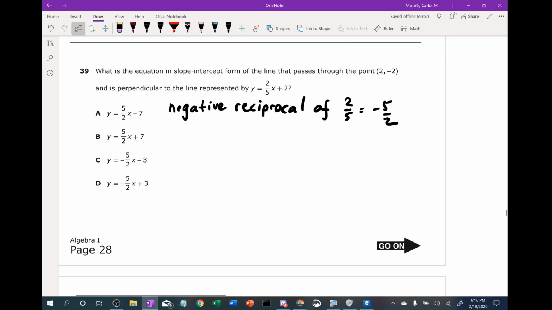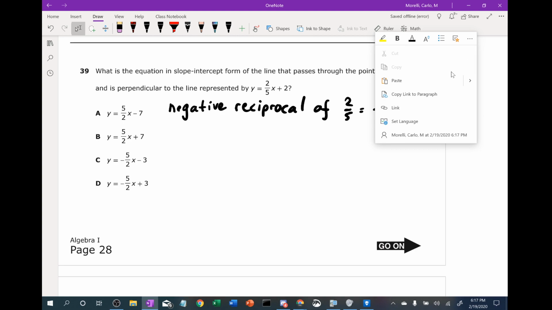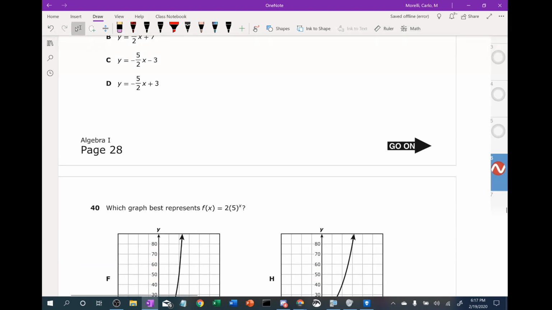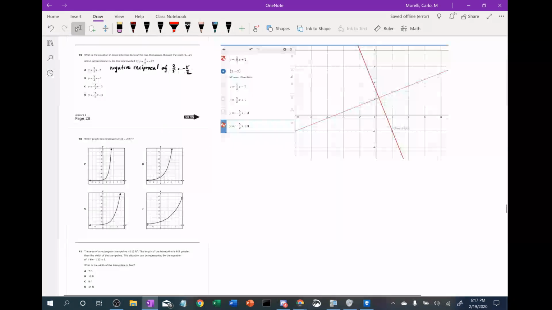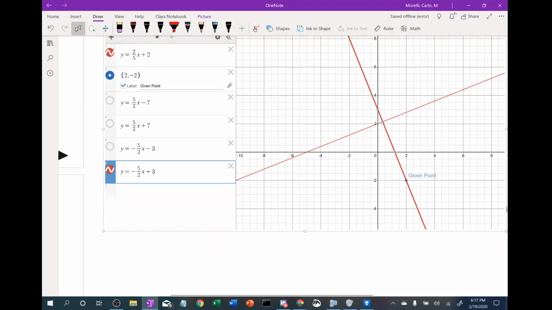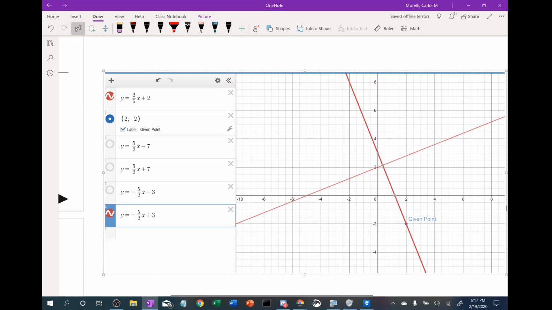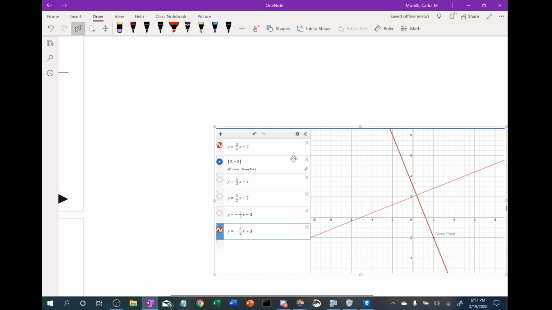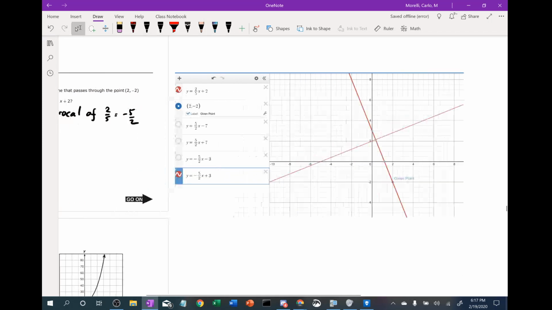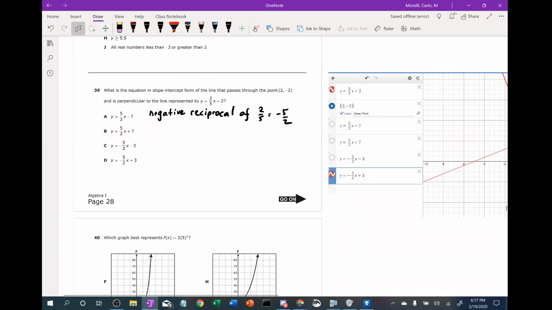Off to the side. There you go. There's your proof. Desmos was the way to go on that problem.